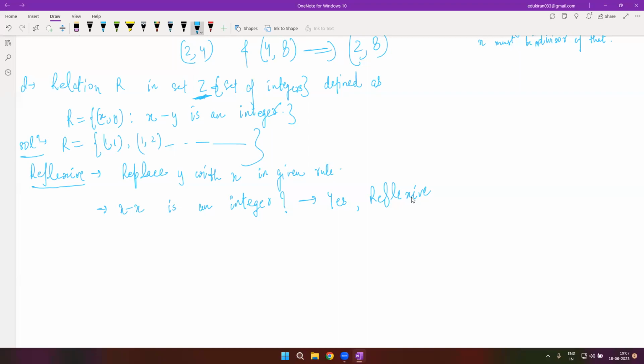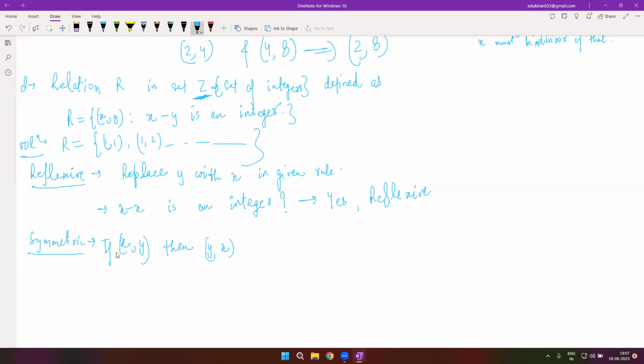right? For symmetricity, you first check the rule for x comma y, whether x comma y is true or not. I mean, sorry, the x comma y rule, you will consider that rule to be true, right? Because we check it like this: if x comma y is present, then y comma x should be there.